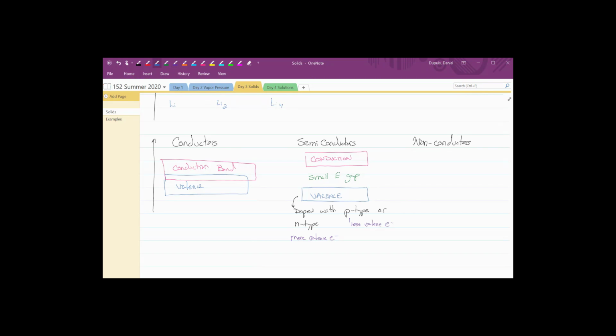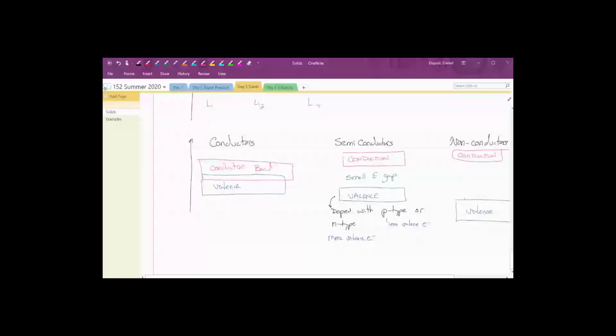Non-conductors, valence, and then they have the conduction band. And this is quite large.